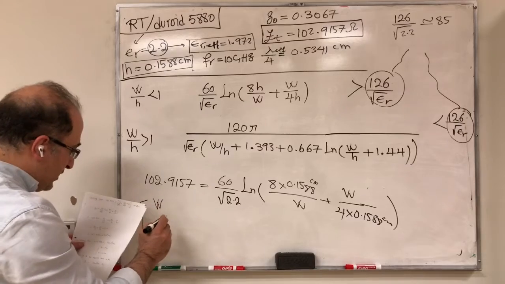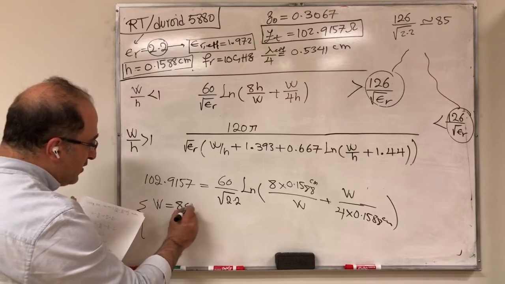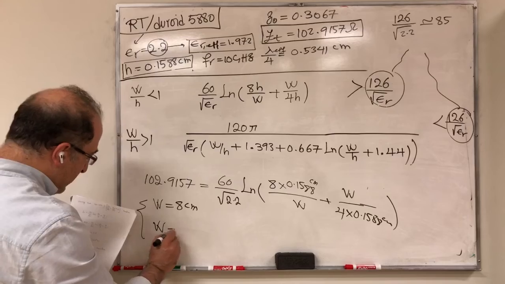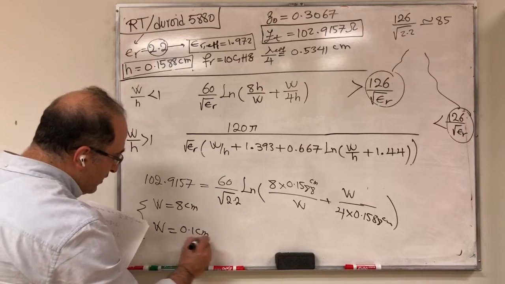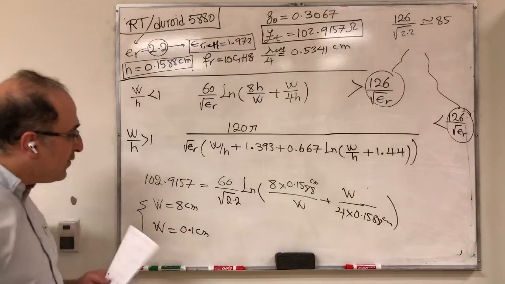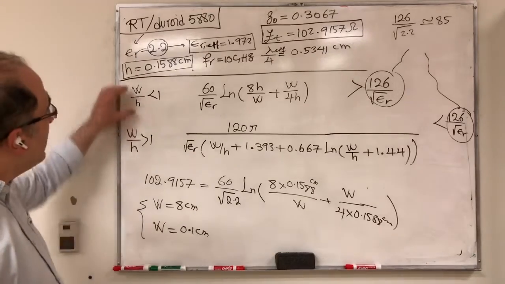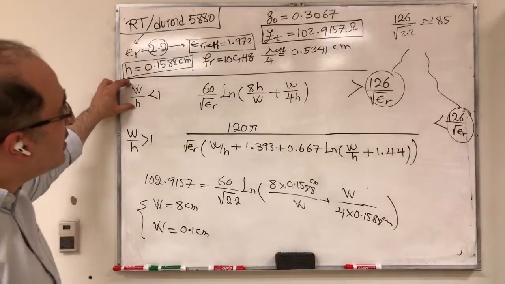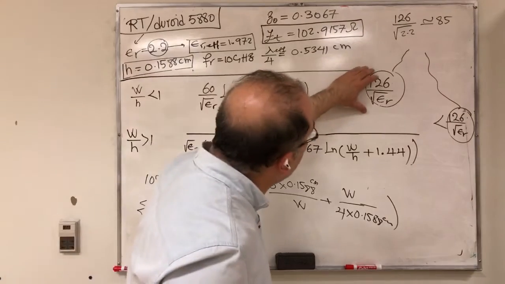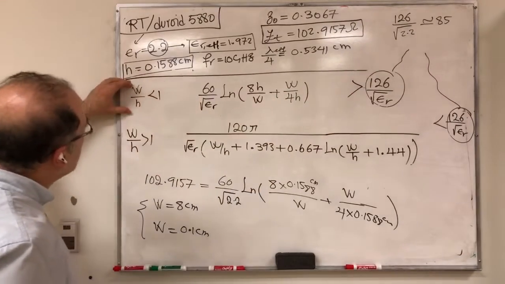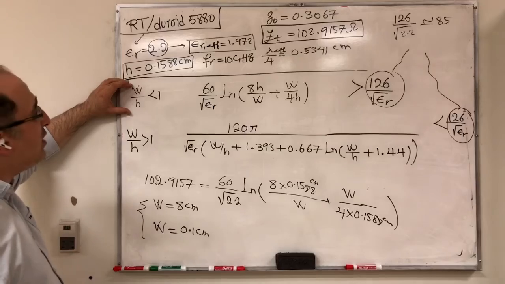One of them becomes w of 8 centimeter, and the other w of 0.1 centimeter. Now the question is which one you accept. The one that we accept is based on this criteria, because this was for this type of impedance, and also W needs to be smaller than H.